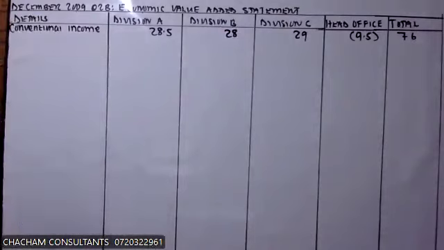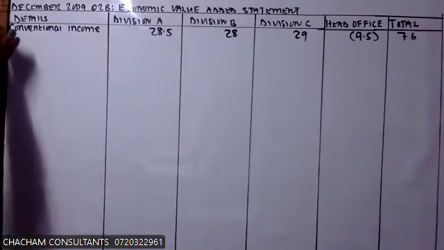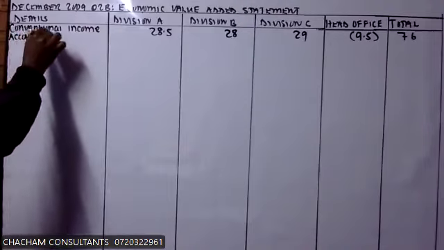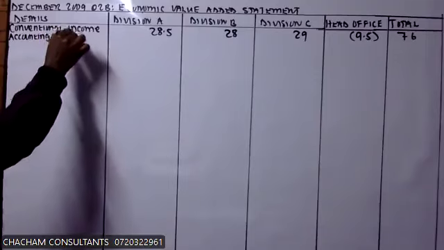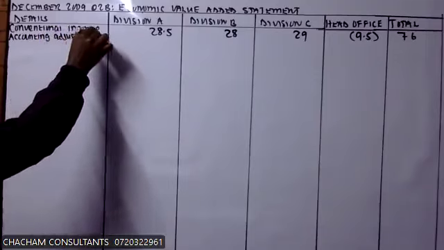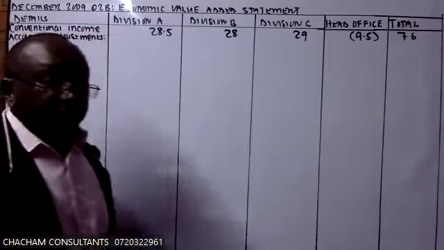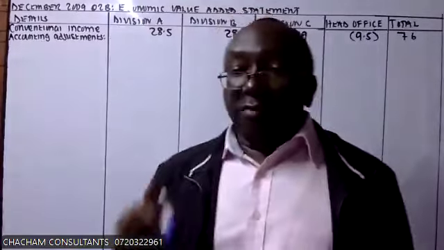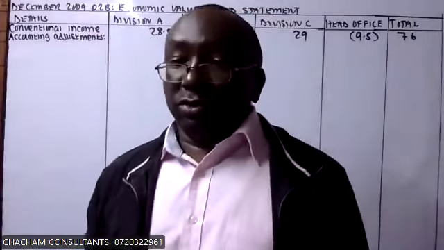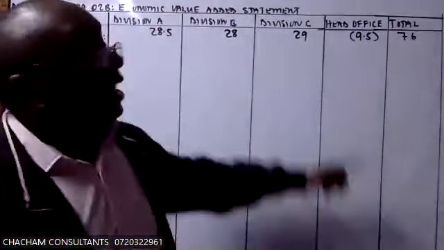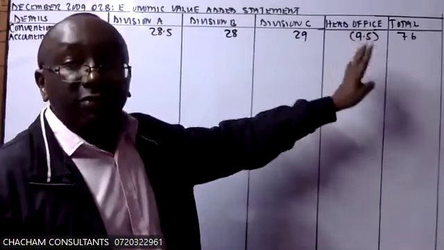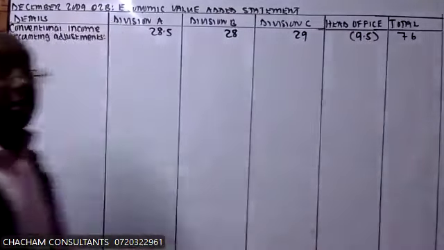Once you have done that, you now bring the accounting adjustments. There is one that I did not mention, and it is rarely mentioned, but you are expected to know. Anything that is in the head office should be shared to the departments.